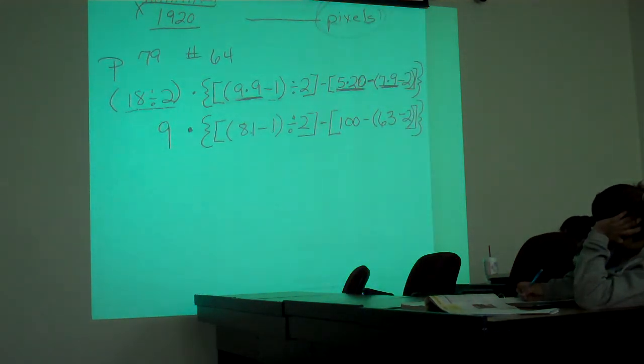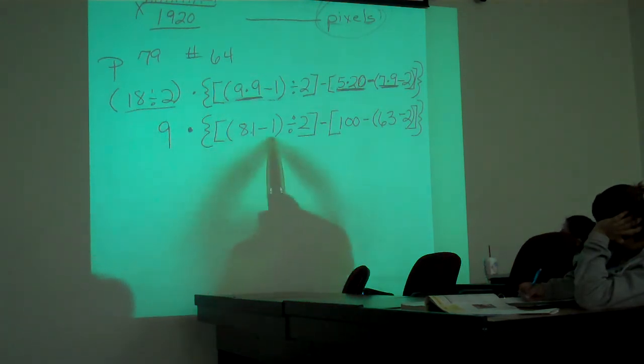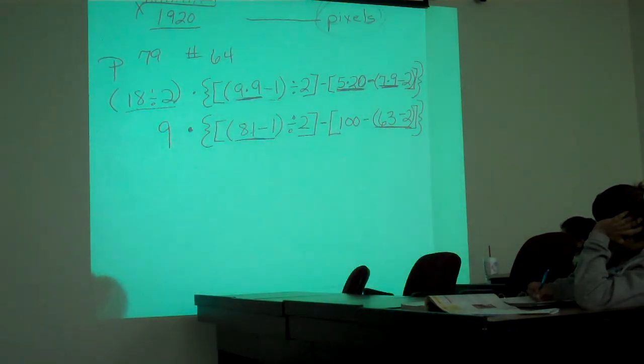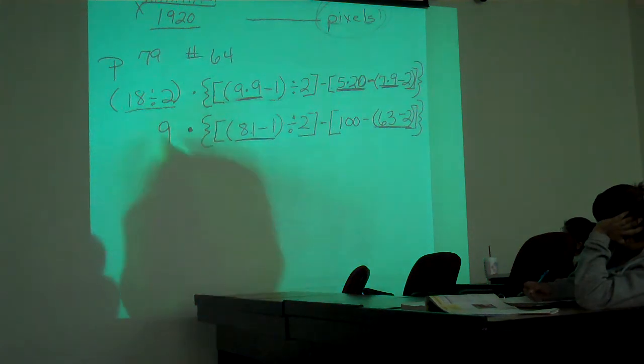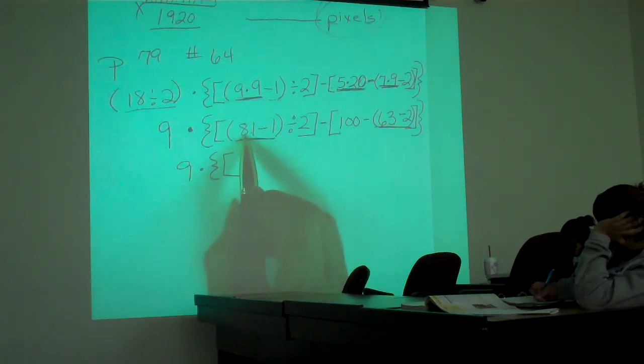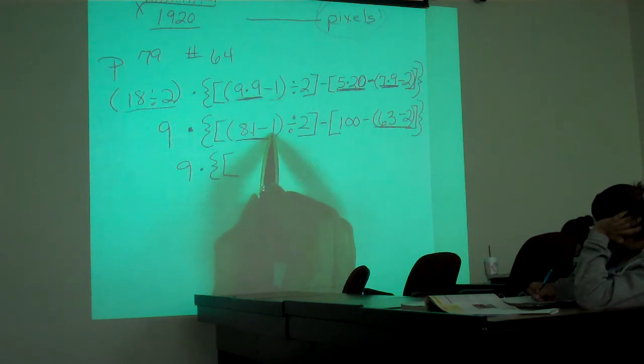Now it's already a little shorter. We still need to get the parentheses out of our brackets. So leave the 9 out here, leave the squiggle and the bracket. Now the parentheses: 81 minus 1 is 80.